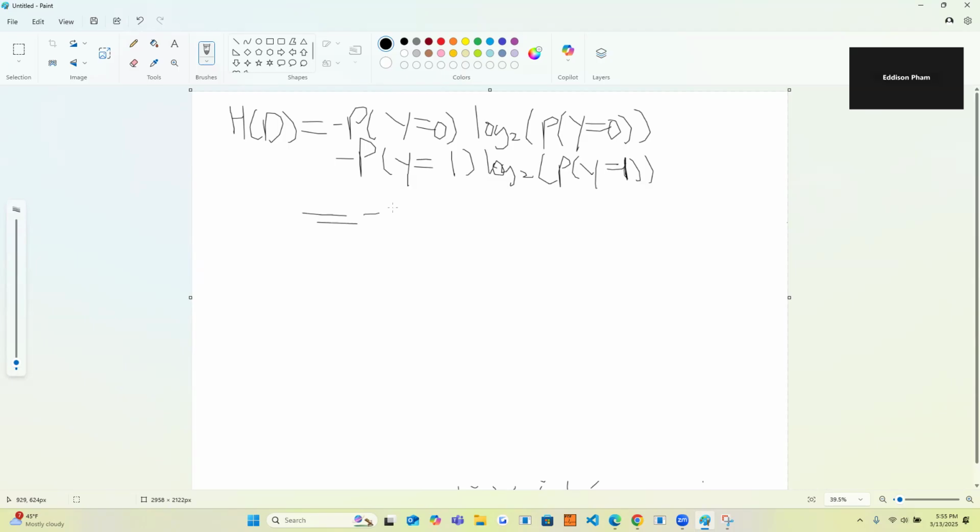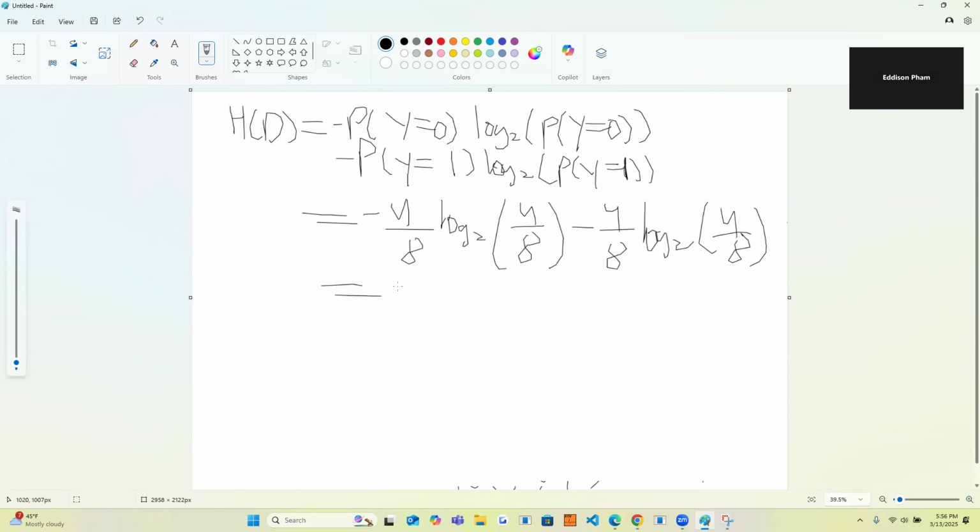And this is just equal to negative 4 over 8 log base 2 of 4 over 8. And likewise, this here is just 1 minus P of y equals 0. So that's the same thing. And when you combine these together, you would get 1. Is that correct? Did everyone get the same answer? Cool. Nice. Good job.